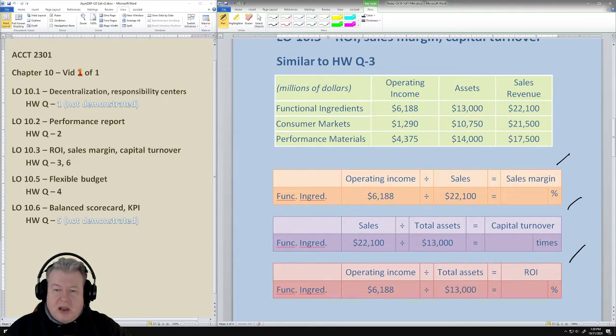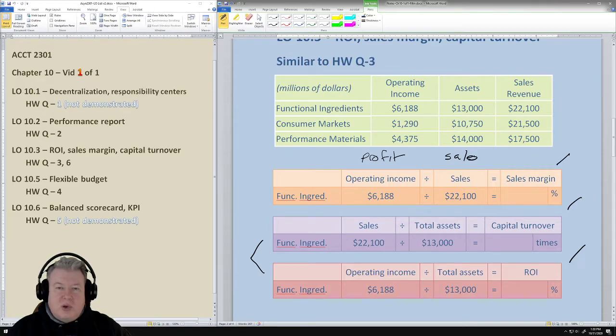However, these two are very similar, and all 3 of them are related. So I think most of us know what sales margin is, but let's think of it as our amount of profit, that's the operating income, to the amount of sales, right?